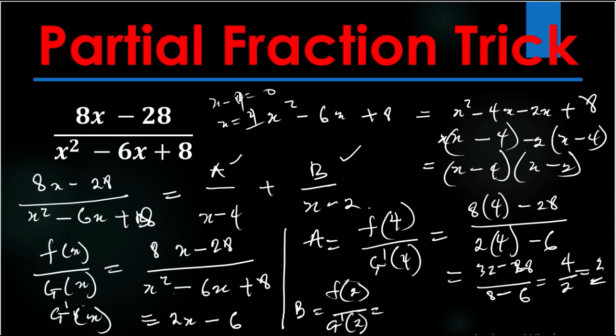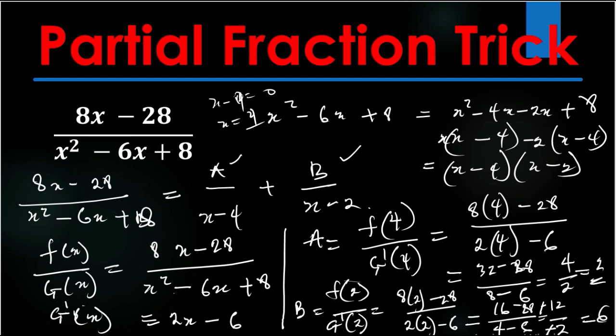That will be 8 into 2 minus 28 over 2 into 2 minus 6. 8 into 2 is 16, minus 28 is minus 12, over 4 minus 6, which is minus 2. Minus cancels minus and it becomes positive. This is equal to 6.